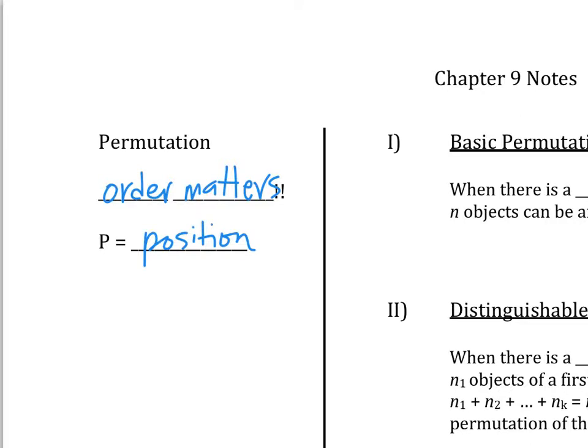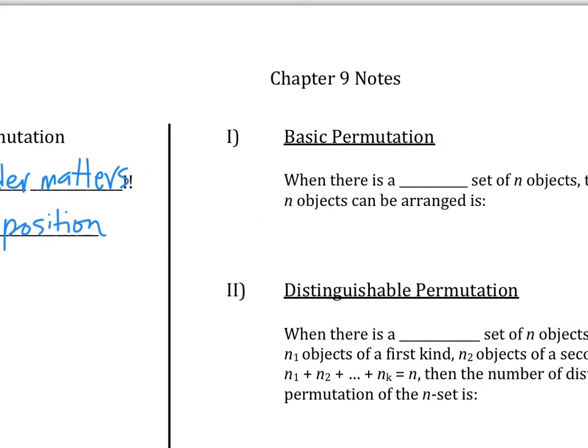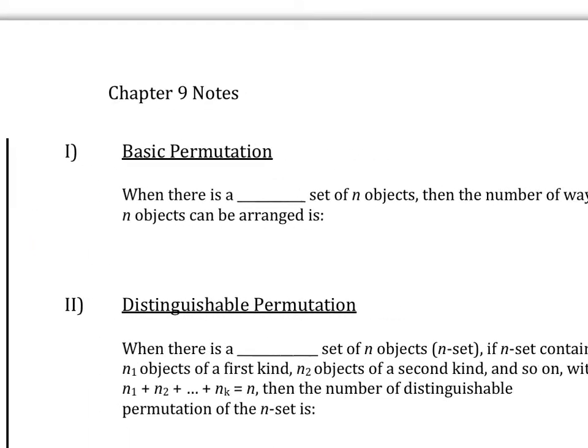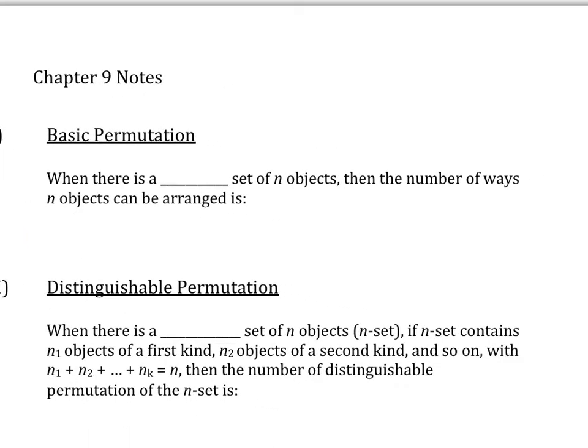Now, there are 3 basic types of permutation. First, basic permutation, and the definition is when there is a finite set of n objects, then the number of ways you can rearrange them is n factorial. So this is an example of what we just saw.